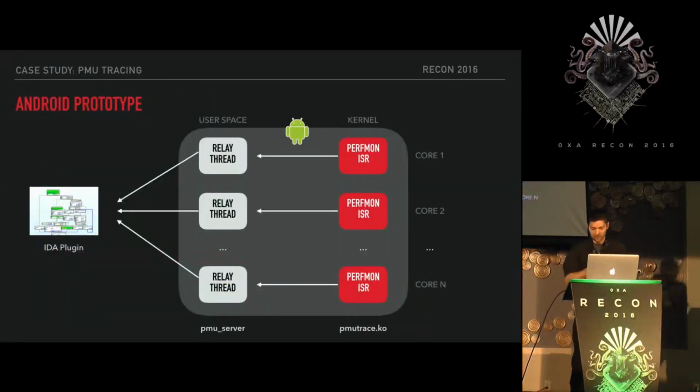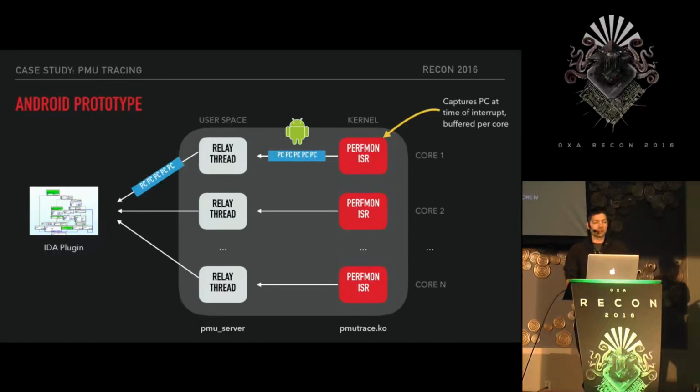So I put together a prototype for Android. There are 3 components: a kernel module, a user space daemon, and an IDA plugin. The kernel module just configures the PMU on each core and registers for interrupts on that core. As branches occur, the interrupt service routine captures the saved program counter at the time of interrupt and buffers it, so it's not sending small amounts of data.